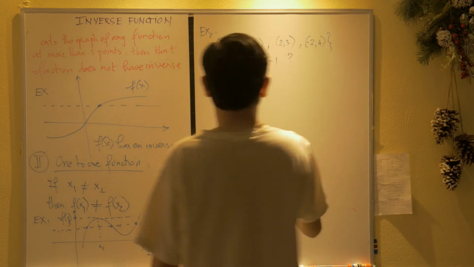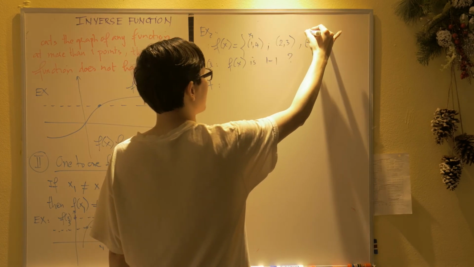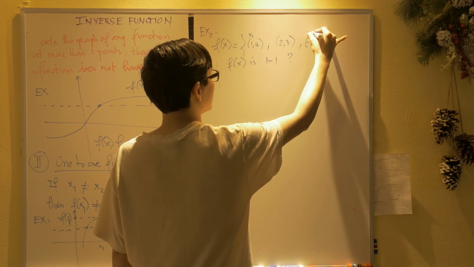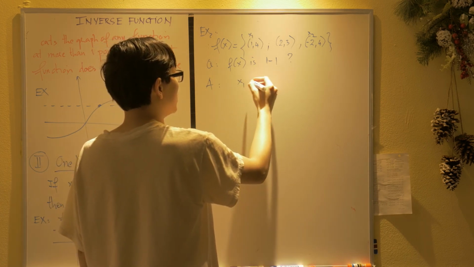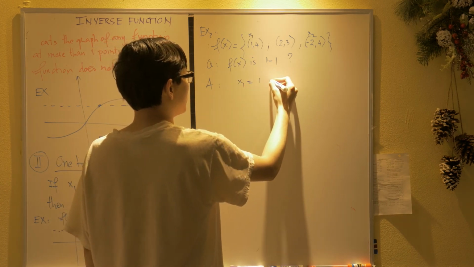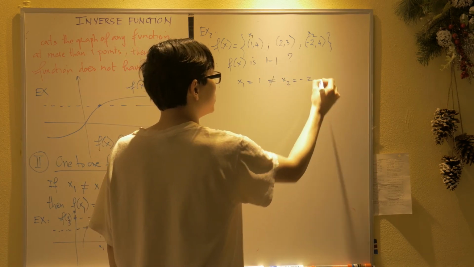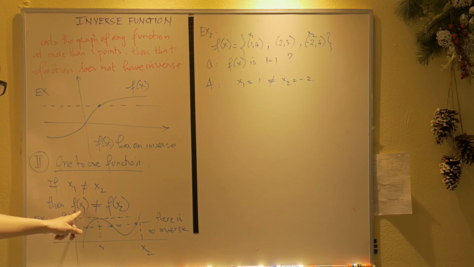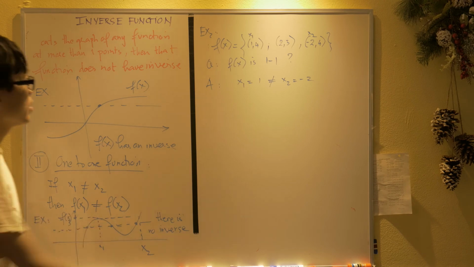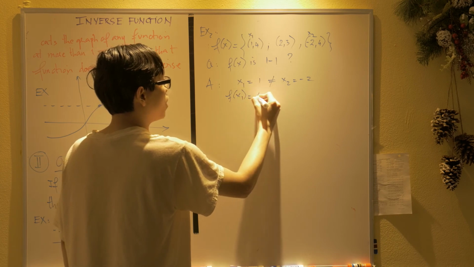So you see that x1 is different from x2. x1 is 1, it's different from x2, which is -2. Okay, if x1 is different from x2, in order for a function to be one-to-one, f(x1) must be different from f(x2). But the thing over here, f(x1) is 4.